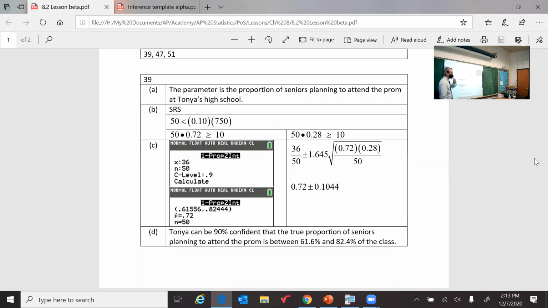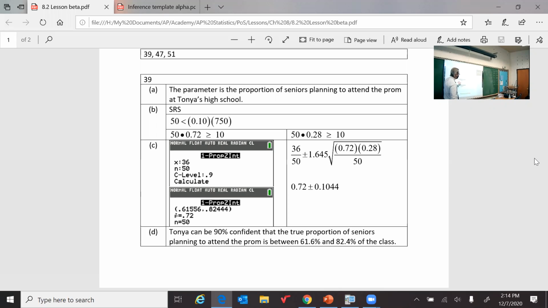You're going to sample 50 kids, and there's 750 seniors there, so you don't have a problem that you're sampling without inflation. 72% say yes. Okay, so 36 is greater or equal to 10. 28%, 14 is greater or equal to 10. So you can assume that this would be approximately normally distributed.